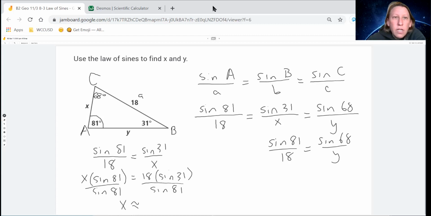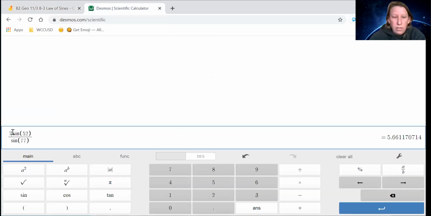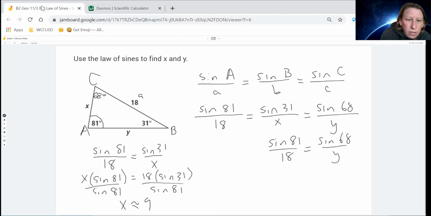Okay, so I'll type it in, 18 sine 31 over sine 81. 18 times the sine of a 31-degree angle divided by the sine of an 81-degree angle. 9.39. Hey, is it reasonable? Is that the shortest side? Yeah, that looks pretty good.